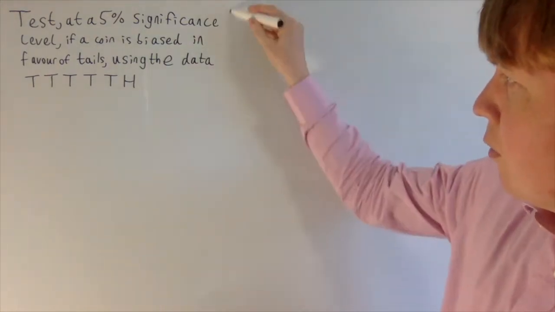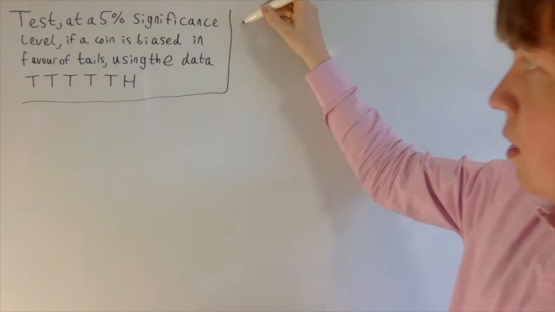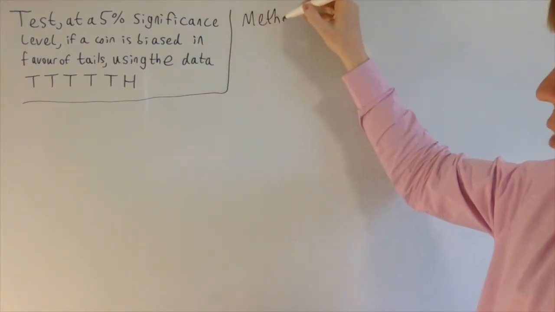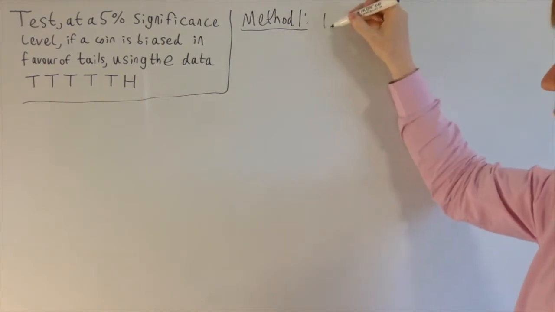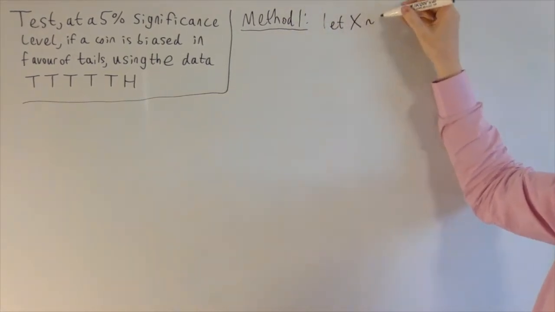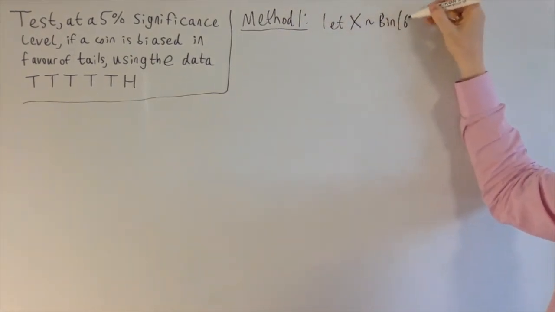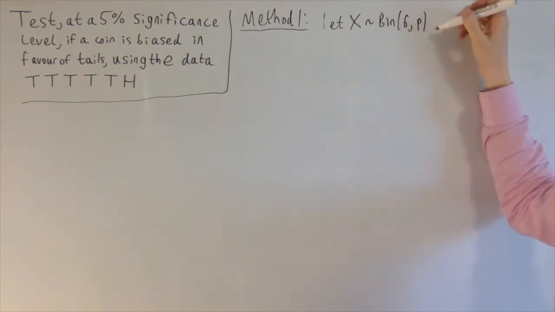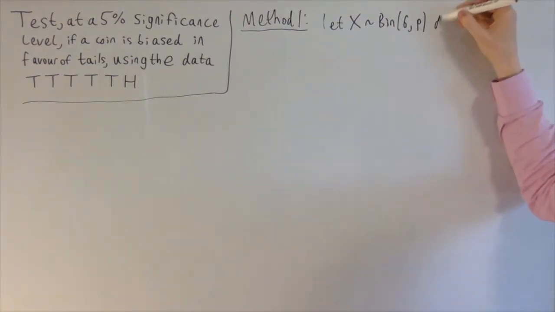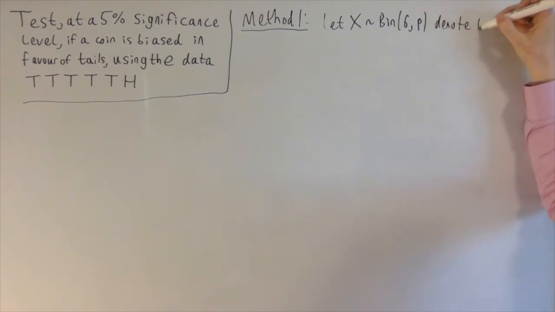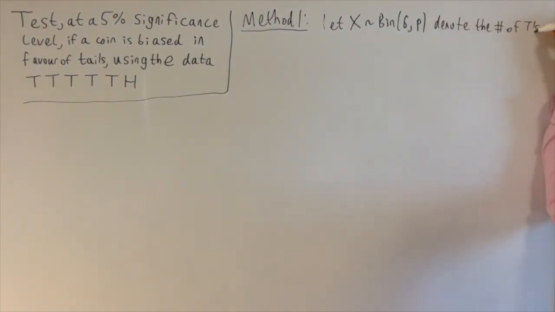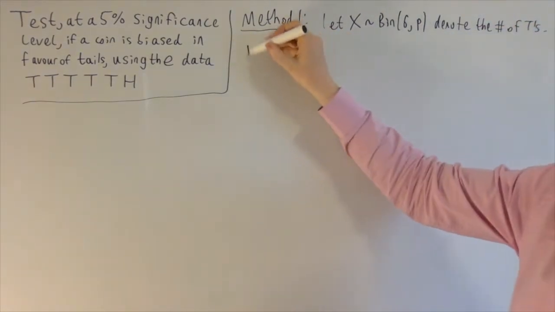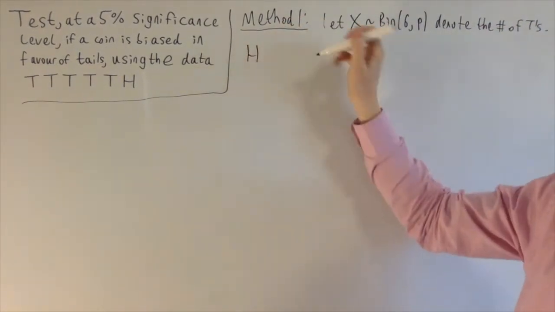The first method is just the natural binomial hypothesis test. Let X be binomial with 6 trials and p the probability of getting tails, so let X denote the number of tails you get from 6 flips.